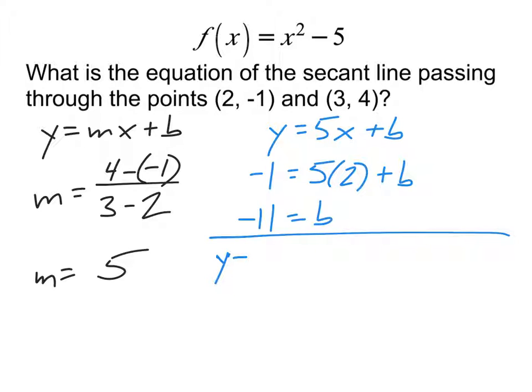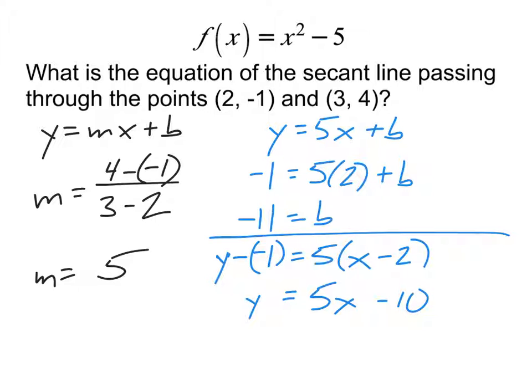Again, we'll use the first one, so it'll be y minus a -1 equals the slope times x minus the x coordinate of that same point. And so we can solve this one out. The y minus a -1, that's the same as y plus 1. And I distribute the 5 in, so that becomes 5x minus 10. I then need to subtract the 1 from the left side and put it on the right side, so it ends up being 5x minus 11 for that reason.